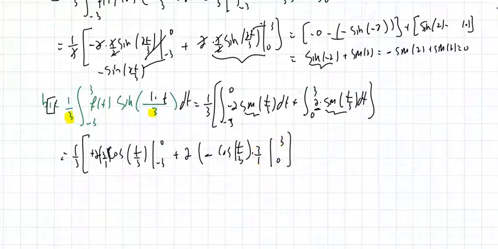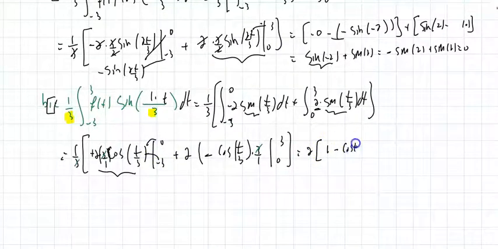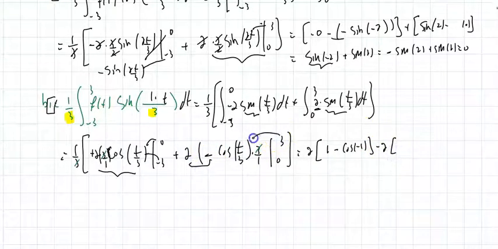So again, if you notice that this 1/3 cancels those 3's, you could save yourself a bit of work. What that would be: 2 times the cosine of 0, which is 1, minus the cosine of negative 1, plus, actually minus, right? Negative times the negative 2 times, throw the 3 in, the cosine of 1 minus the cosine of 0, which is a 1.